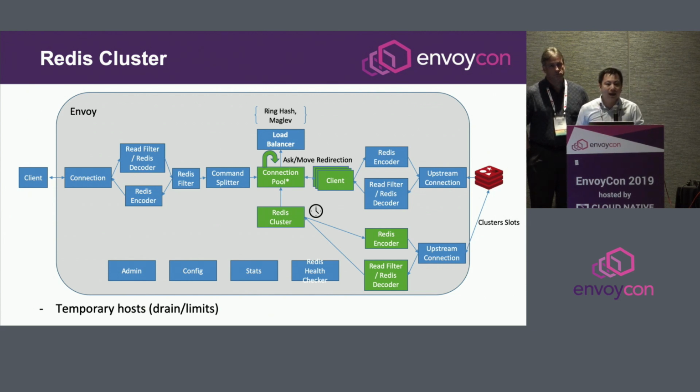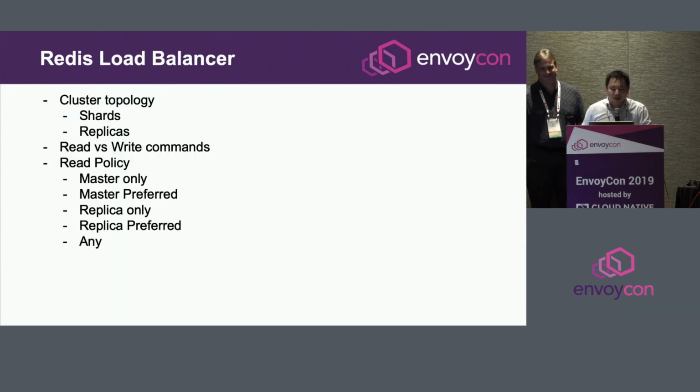You send it to any Redis node, and if you get it right, it gives you the answer you want. And if it gets it wrong, it sends back a redirection to point you to the correct node. But obviously, we are working in Envoy, we don't want anything dumb, so we will find a way to get around that.